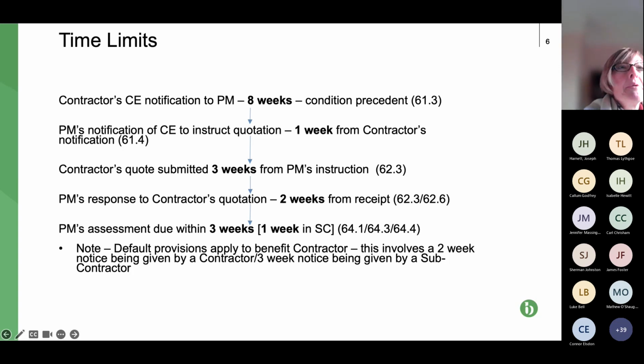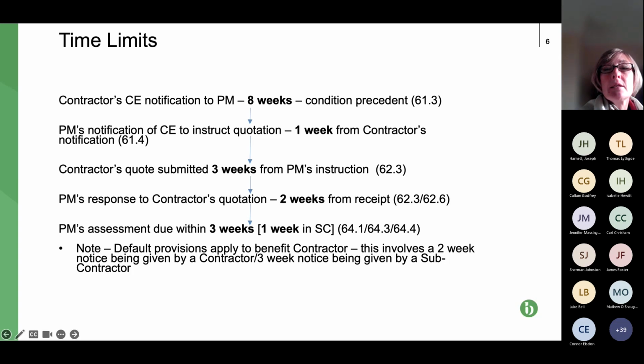Contractor submits the quote, hopefully. Why wouldn't it? And then the project manager has 2 weeks from receipt to respond to the contractor's quotation. So what will the response be? Well, it might be, yes, I accept that in full. It's a lovely quote. I agree the figure. It might be, reject it.